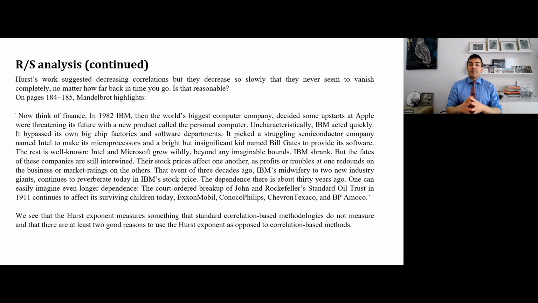It measures persistence and anti-persistence in data. And moreover, it accounts for effects that have a long-term effect on the data. This is something that standard correlation-based methods cannot account for.